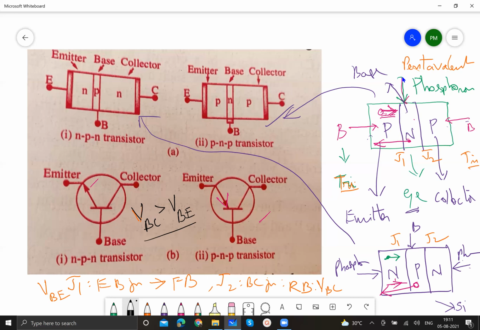So the reverse bias voltage applied across the base collector junction should be more than the forward bias voltage applied across the base emitter junction.